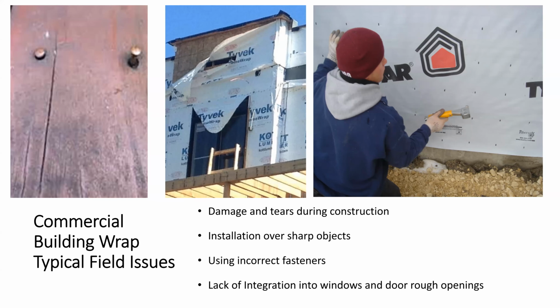Is it a flange window that we're maybe connecting to the top of the flange? Or are we just going to wrap into the rough opening and connect the window frame to the air barrier with a sealant or something like that? So again, the integration of the systems is where most things fall apart.